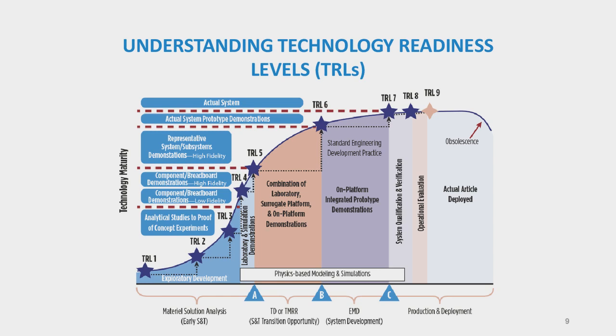But the problem is that, again, you still need some development to get to where it will really get their interest and they can really visualize it involved in their program or on their platform. So that's one of the things that you have to understand from the TRL standpoint.